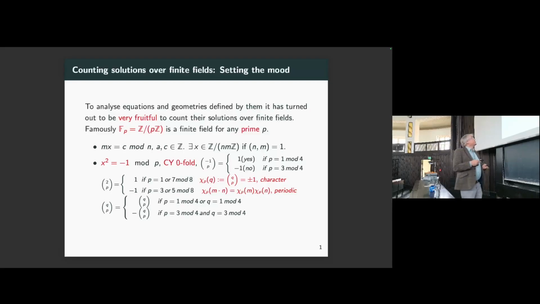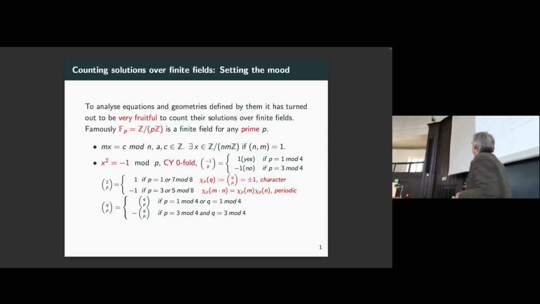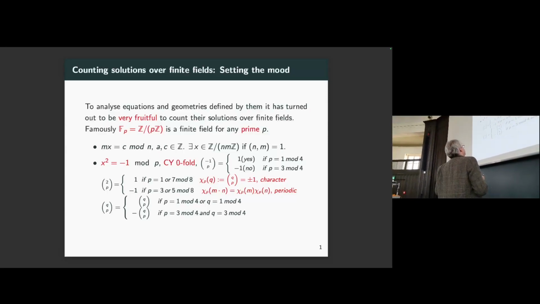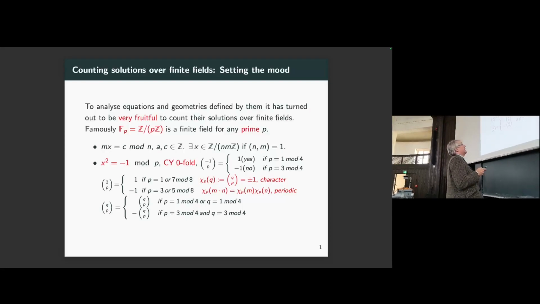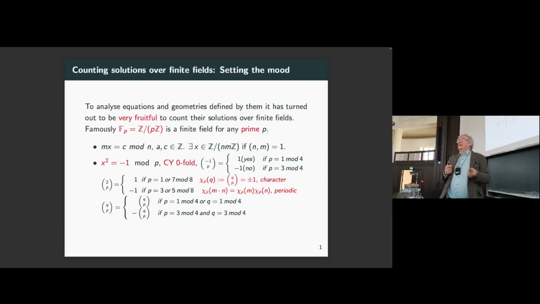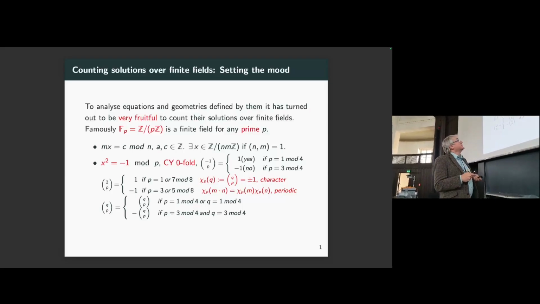And then Gauss realized something which is not trivial, what is called Gauss quadratic reciprocity. He realized that there is this kind of reciprocity. And when you also take into account that all of these are characters, so if you have a number which is not a prime, then you can do this for the primes, and it will give you the answer because it's a character.